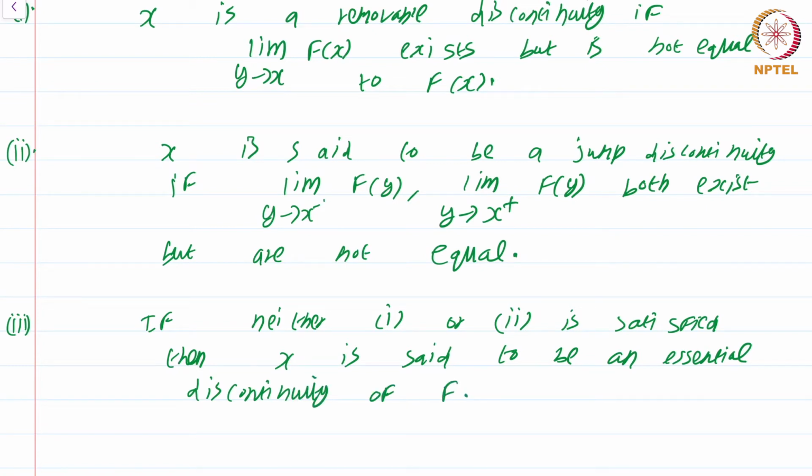So I think the idea behind it is the situation is bad. There is nothing really you can do about the discontinuity if it's neither a removable discontinuity nor a jump discontinuity. Therefore, you just say it's an essential singularity. There's nothing you can do about it. So I don't know what really motivated this terminology here.